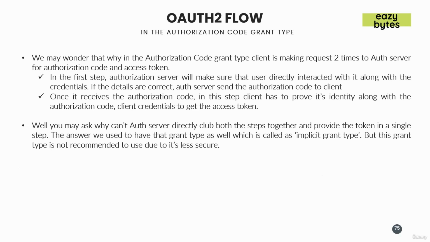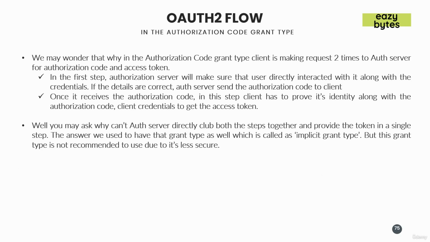but the reason why we follow 2 different steps in authorization code grant type is that it provides more security. In the very first step, the authorization server will validate whether the user, the resource owner who is providing credentials on its login page, is originally a valid user or not.